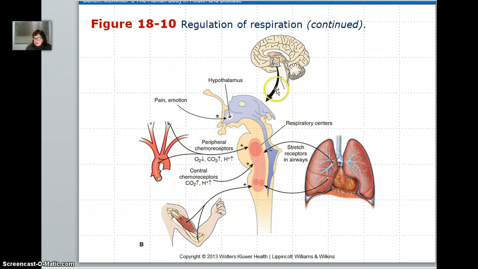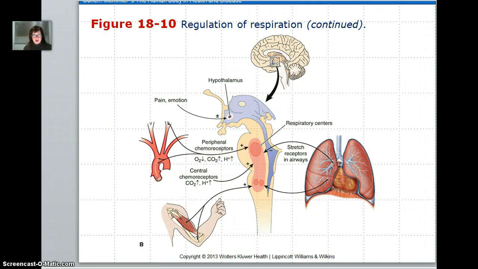Okay, so when you look at it, your medulla oblongata has the chemoreceptors that will control your breathing if your carbon dioxide gets too high.